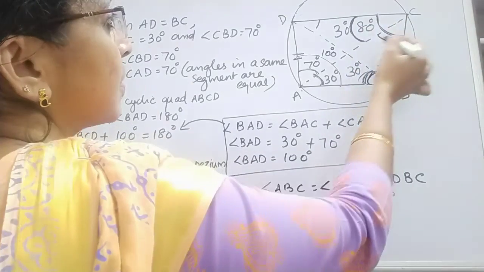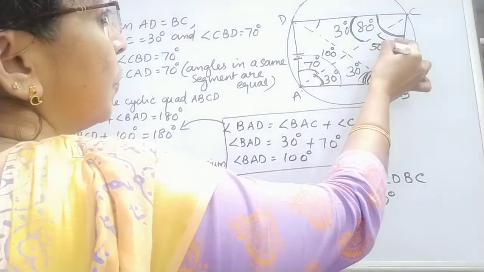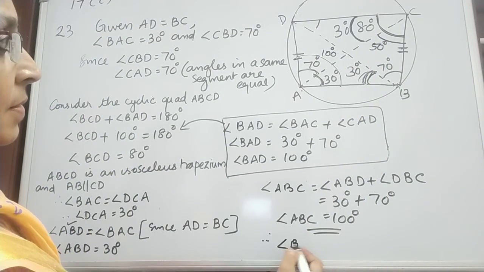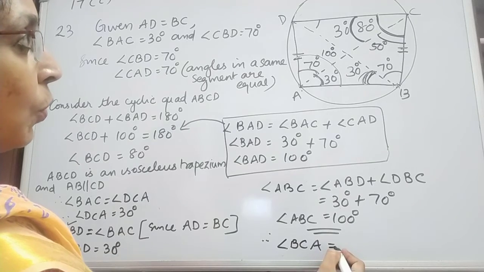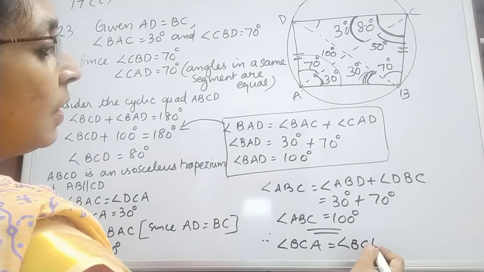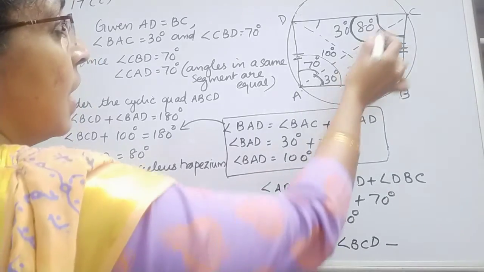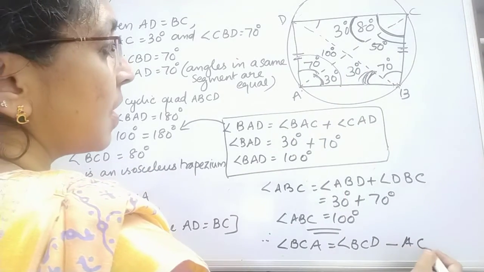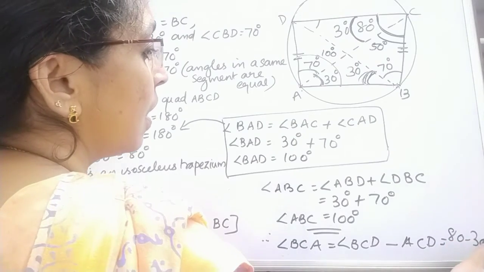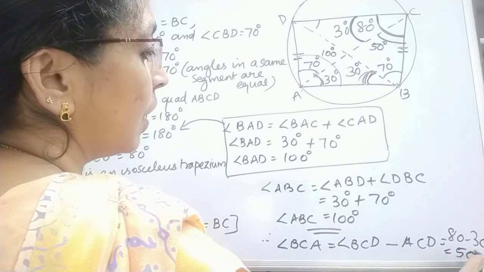So 80 minus 30 is equal to 50 degree. Therefore, angle BCA is equal to angle BCD minus ACD, which is 80 minus 30, equal to 50 degree.